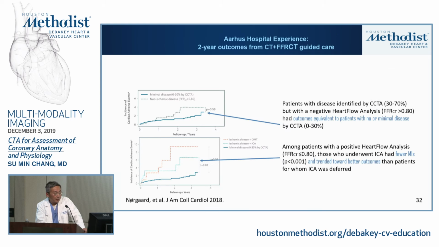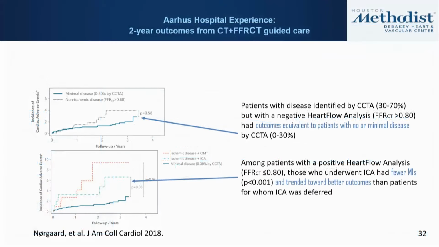Okay. And this is one of the studies presented last year, I think from Denmark. Essentially, for a period of 2 years, everybody who came to their center with suspected CAD had CT added with FFR derived by CT, showing the outcome.